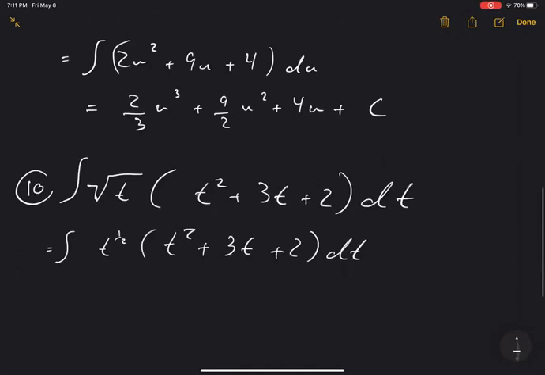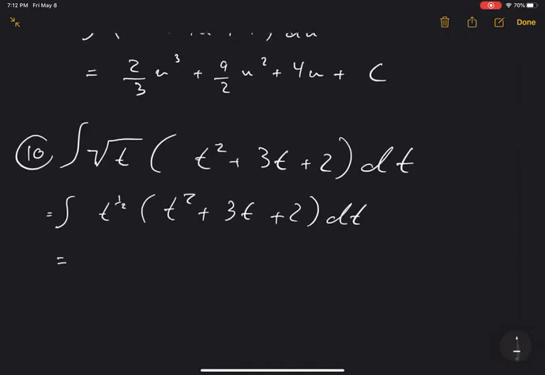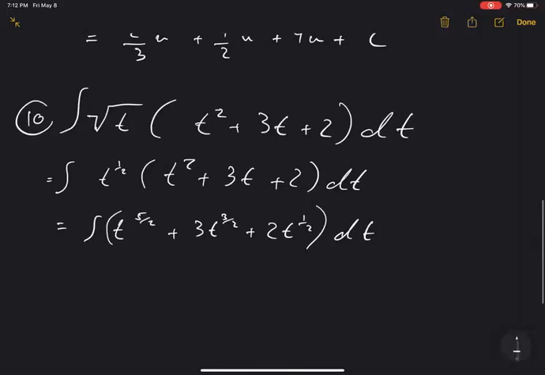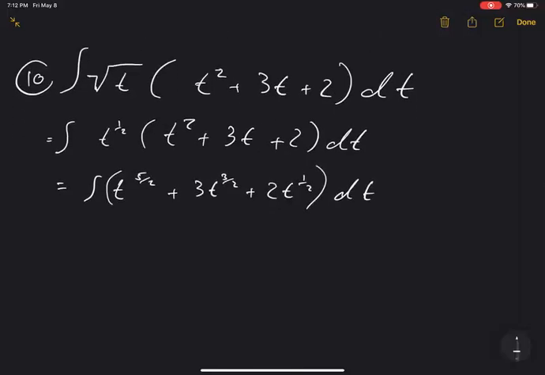Now just multiplying out, when I multiply one number with an exponent times another, I just add those exponents together. So when I multiply these out, I get t to the 5/2 plus 3t to the 3/2 plus 2t to the 1/2. And then it's just power rule again.